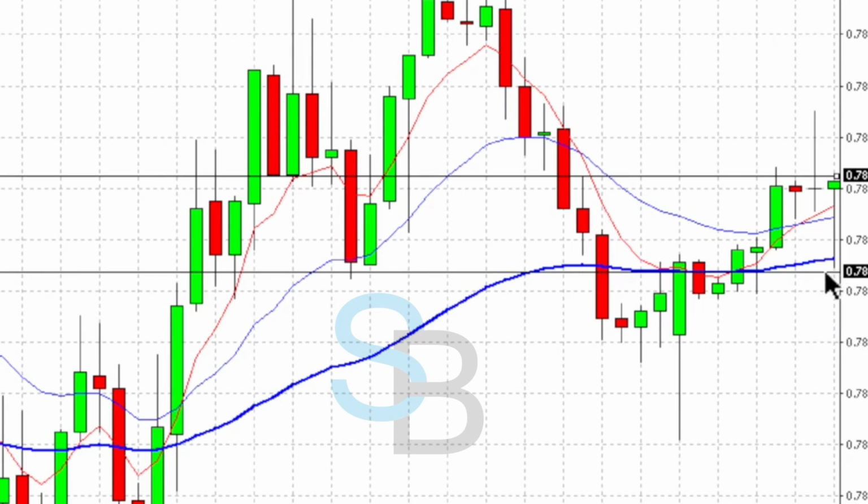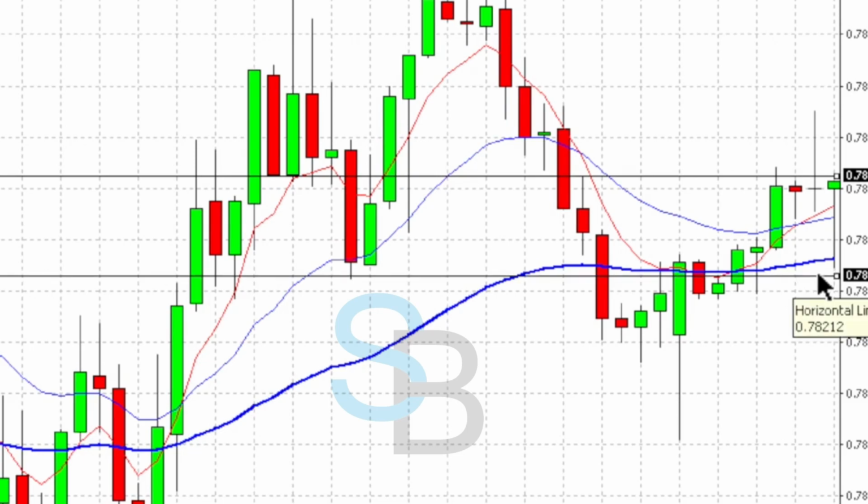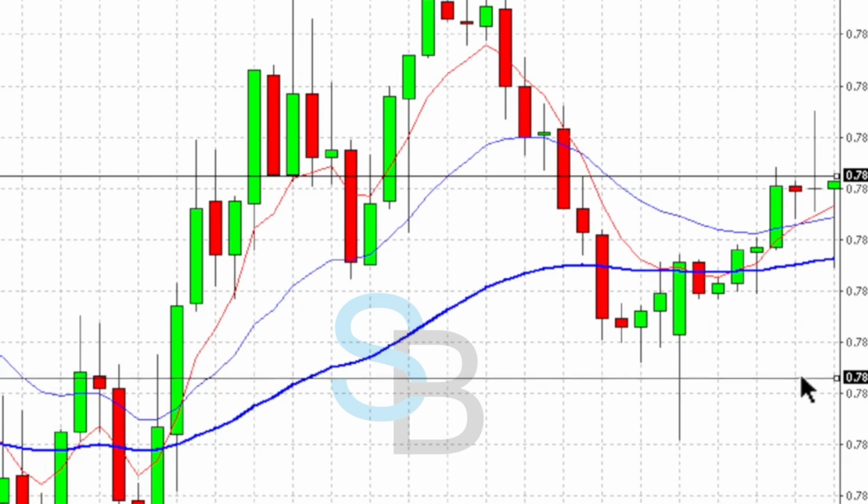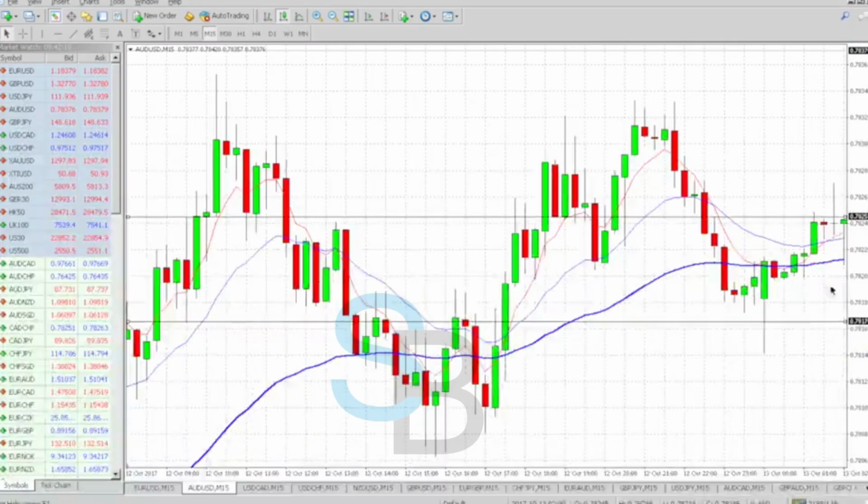The low at 7821 is too close, so 7817 is somewhere there. That's my entry price, that's my stop loss.